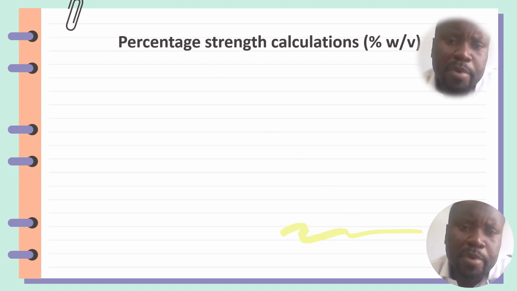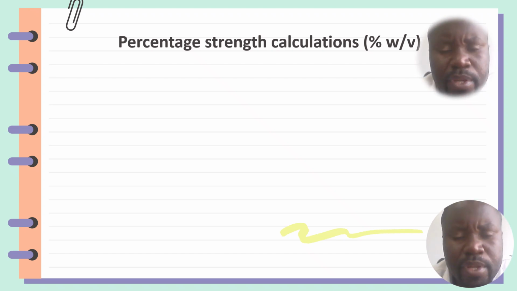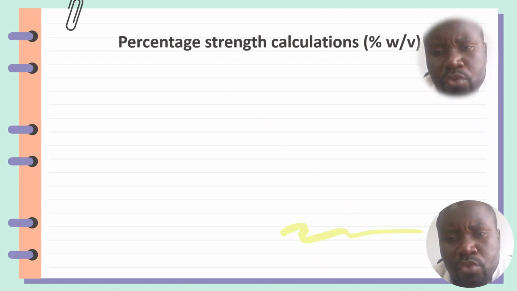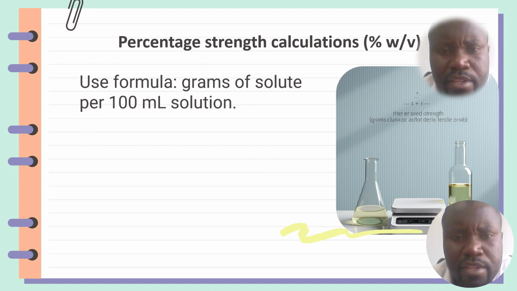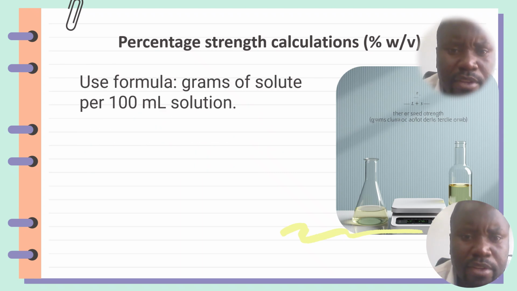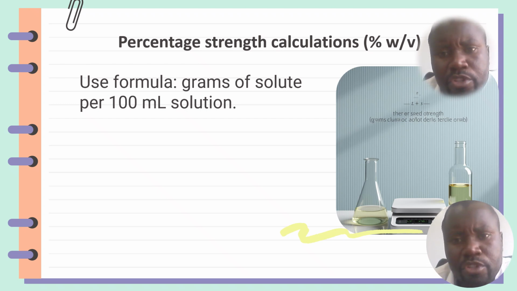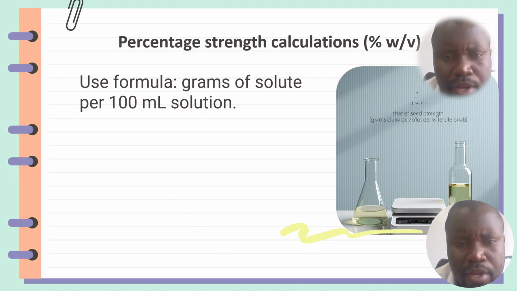Then we also have percentage strength calculations, for example, percentage weight per volume. There is a meaning behind this: you use the formula grams of solute per 100 mL of solution. So percentage weight per volume means we have some amount of solute in grams per 100 milliliters of solution.